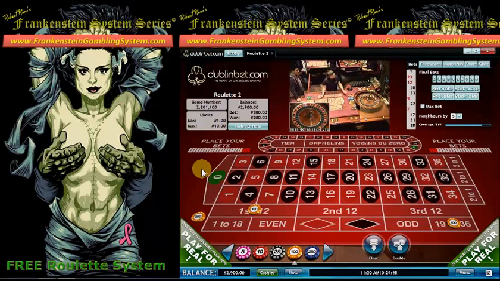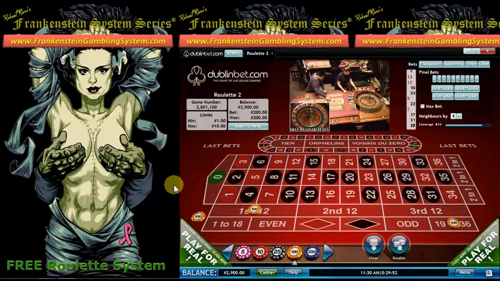And we can only lose on 7 numbers. That's it. Just 7. That's why it's better than doing the double dozens or the double columns. They lose on 12 numbers.